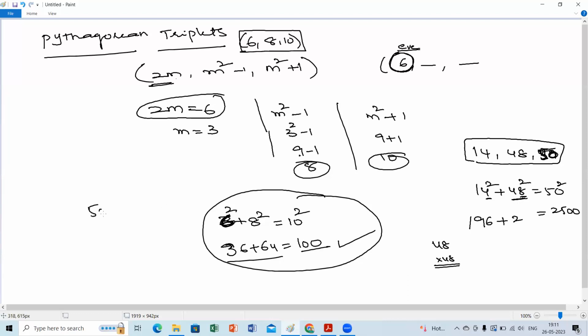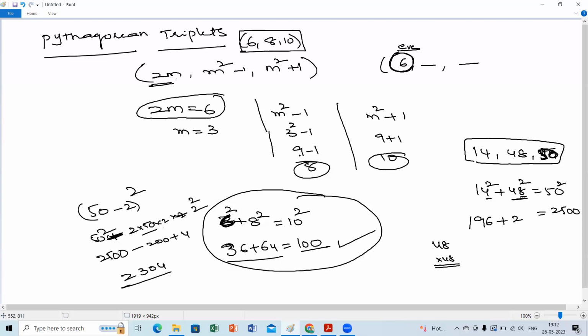Easiest way, 48 square, you can even write it as 50 minus 2 whole square. That is 50 square minus 2 into 50 into 2 plus 2 square. So 5 square is 2500 minus 200 plus 4, which is 2304.